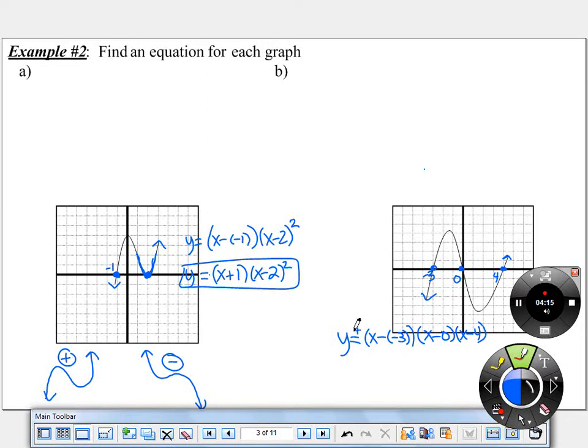Again, I'm going to keep lead coefficient positive because the end behaviors are correct for that. And so I'm going to have an x plus 3, and an x minus 4. Notice that none of these factors did I square or cube because they don't have any other multiplicity. They are just going through the zeros as normal.